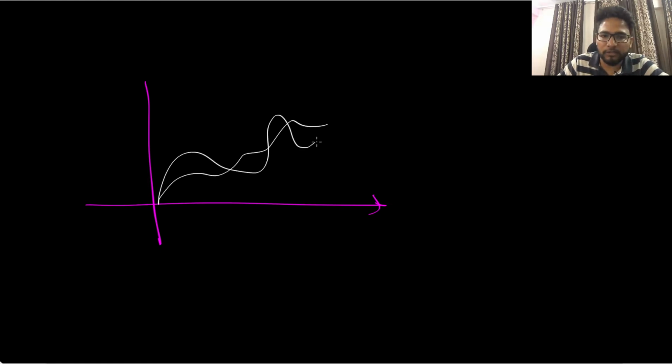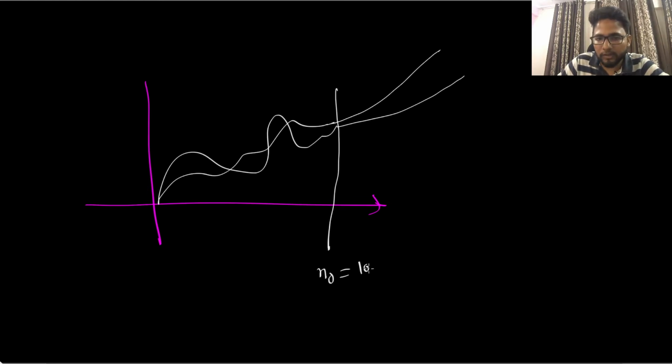Maybe something is happening, but after a certain point, one function is n cube and one function is n square. So after a certain point, which is n naught equal to 10,000, let's suppose this is n cube, this is n square, which is g1n, and this is g2n, right?